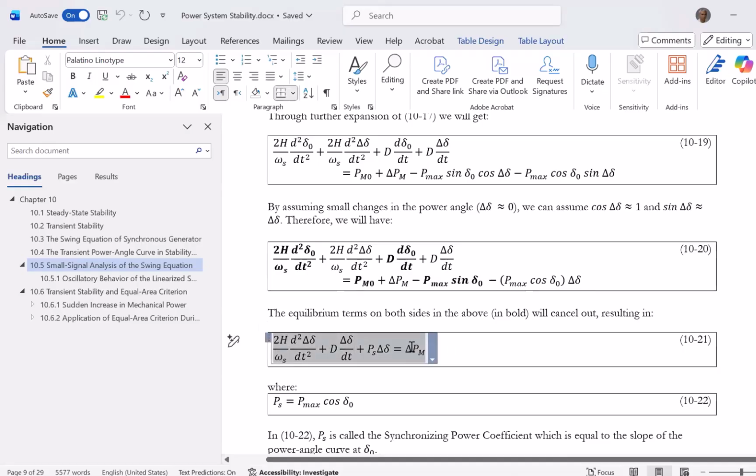This is now where this PS is a constant. So this equation is now a linear equation in terms of delta delta. So instead of writing up the equation in terms of the original delta, I'm writing everything in terms of delta delta, the changes around delta. And this one is a linear equation now because all of these coefficients are constant, right? This PS is constant. This is constant. Everything is constant. So this is what we mean by linearization.